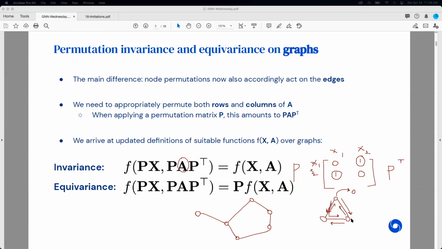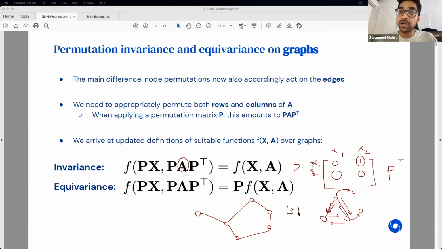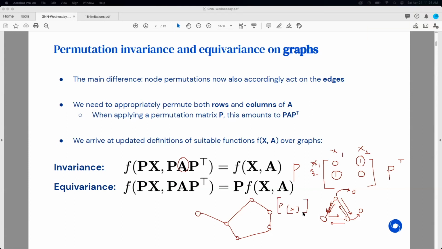Do you buy that all three of them will have the same representation? Yes, if they have the same features. Then equivariance is still preserved because it doesn't change the order. Operating on X versus operating on PX is not going to change, because everything is the same for each row, right?